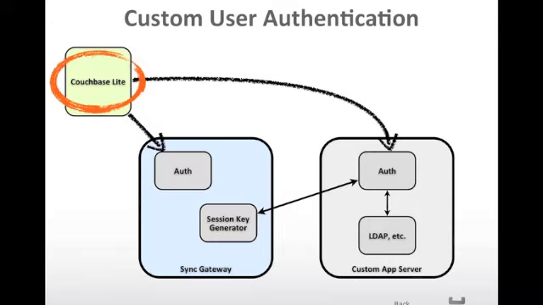In that case, it'll automatically get picked up, and assuming Sync Gateway is running on the same domain as your app server, it'll be used for requests to that Sync Gateway, or you can set it manually. Either way, it's just a matter of which code path you're going through. But the idea is that when the mobile device connects to Sync Gateway, it uses the session key that your app server has associated with the user account. So in this way, you can authenticate as whatever user.